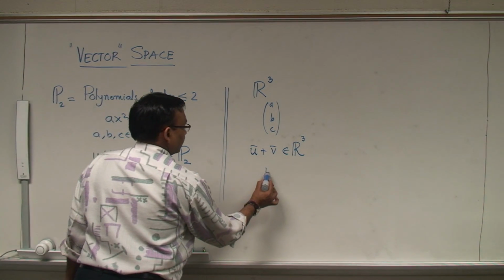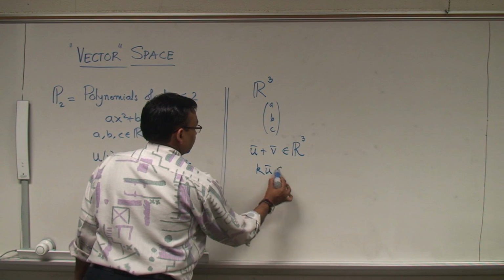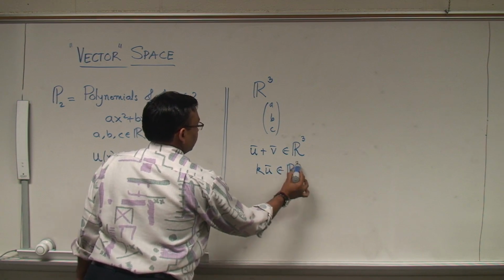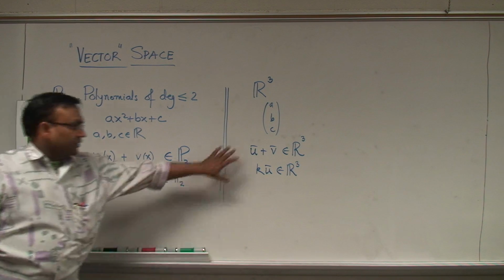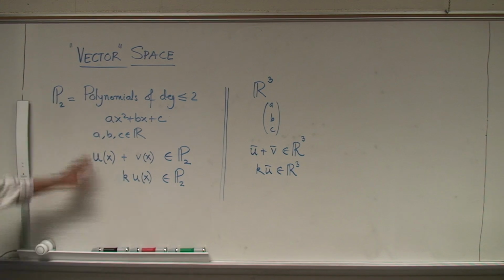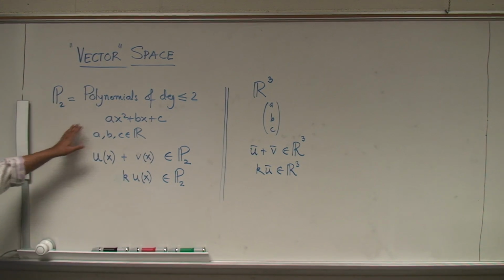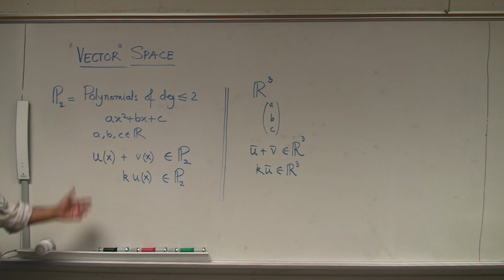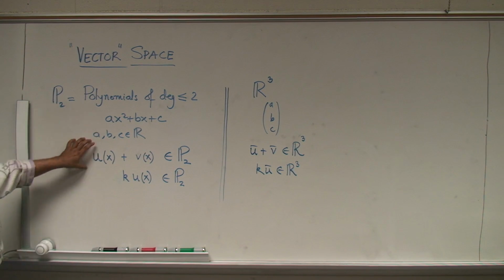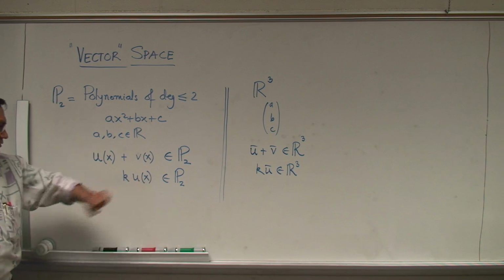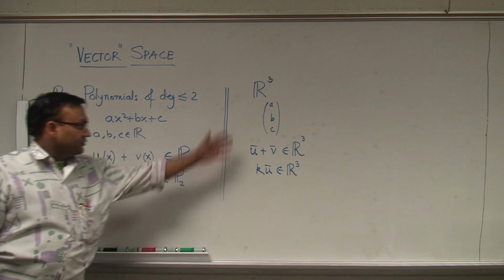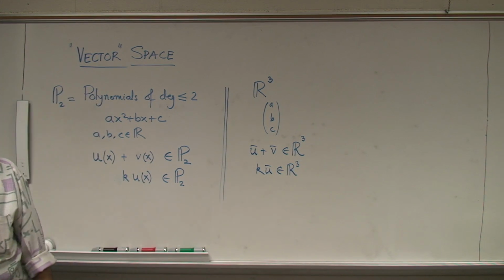If I take any vector in R3, scale it by a scalar, the new vector is still in R3. So look at the two different worlds. Aren't they kind of behaving in a similar manner? This is the world we are very familiar with. This is the world we are familiar with, but not in the similar way. But aren't we saying that you take two things in here, the sum is still in the space, you scale the thing, it is still in the same space? Aren't we doing the same thing over there?